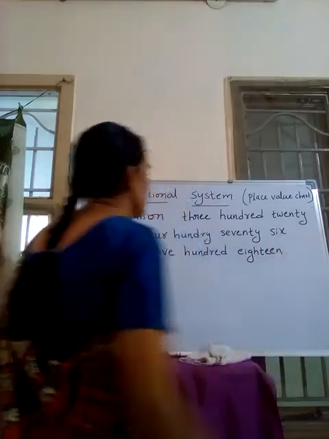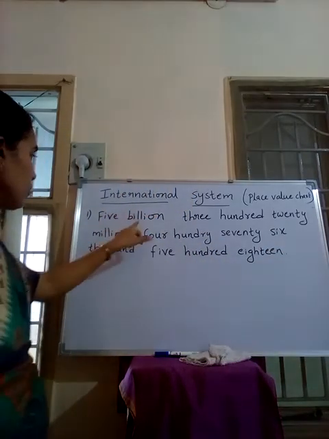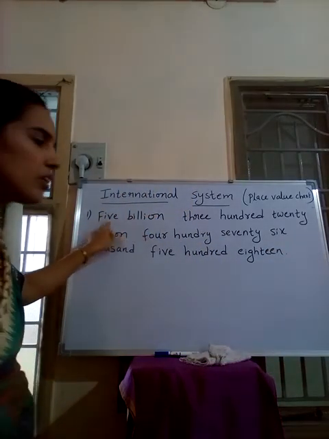This is the number name that is given. Okay, billions, we have up to billions and only a single digit is given under billions.